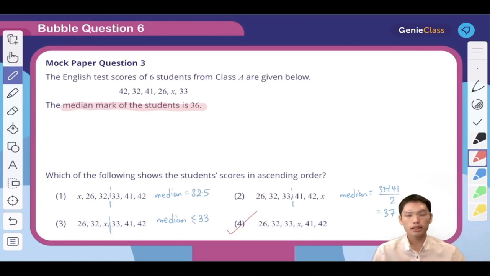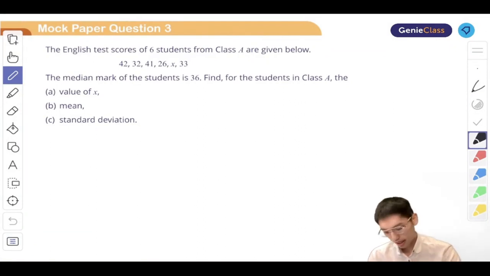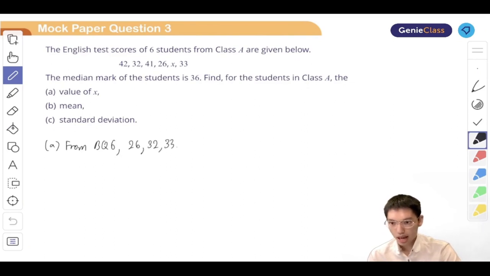Now, if we were to move on to my actual example over here, how do we find the respective values? Value of x. We know from our question 6 this is our arrangement: 26, 32, 33, x, 41, and 42.